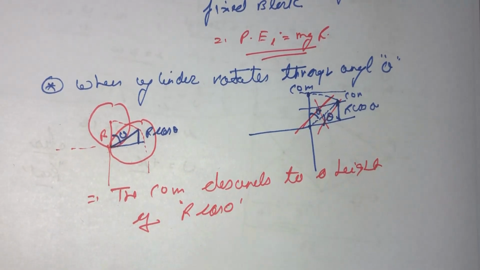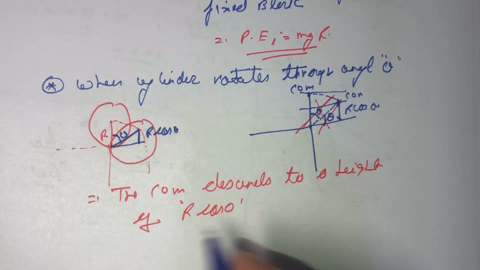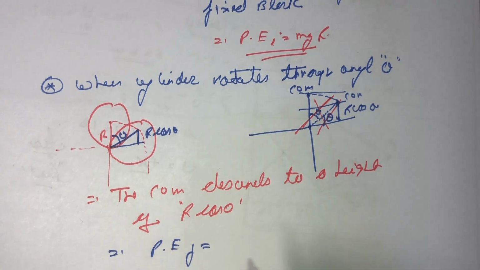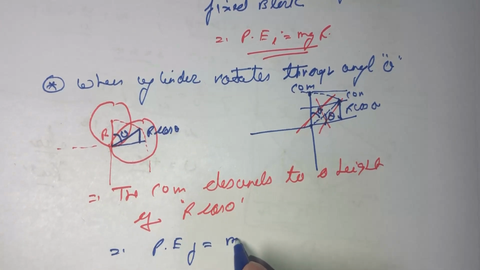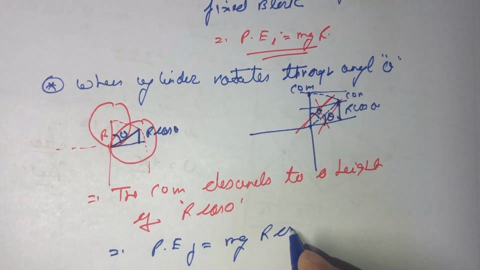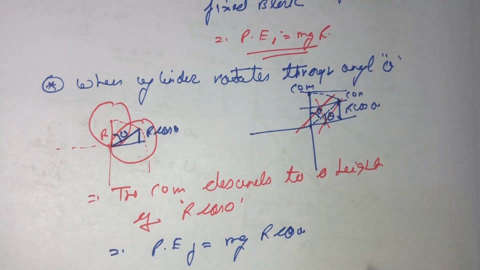So therefore we can say the final potential energy will be equal to mg, and we have R cos of theta.